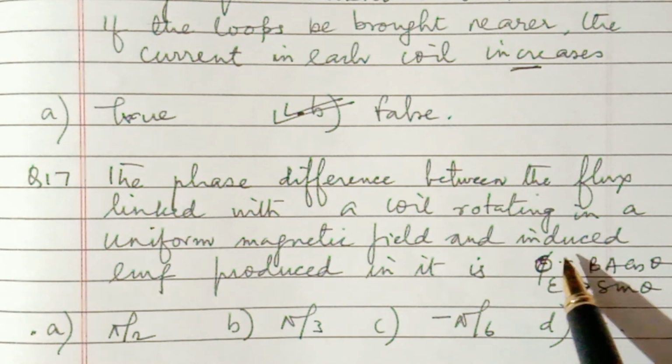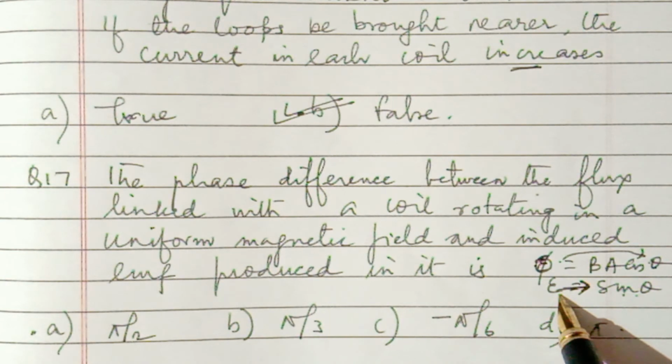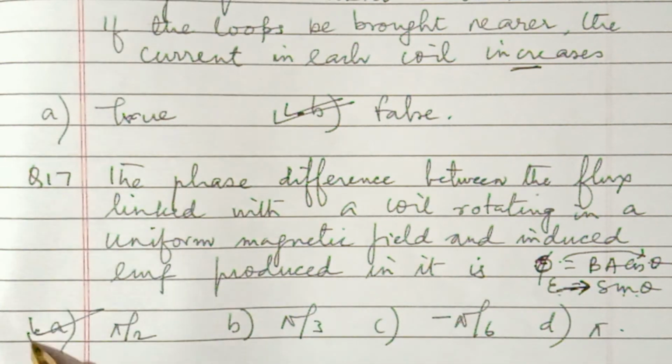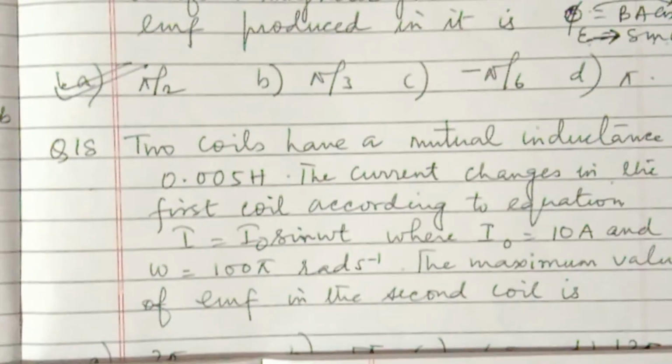Flux depends on cos theta and EMF depends on sin theta. So when theta is 0, flux is maximum, and EMF will be minimum, and sin theta and cos theta, so that you can take as a 90-degree difference. So pi by 2 is the answer.